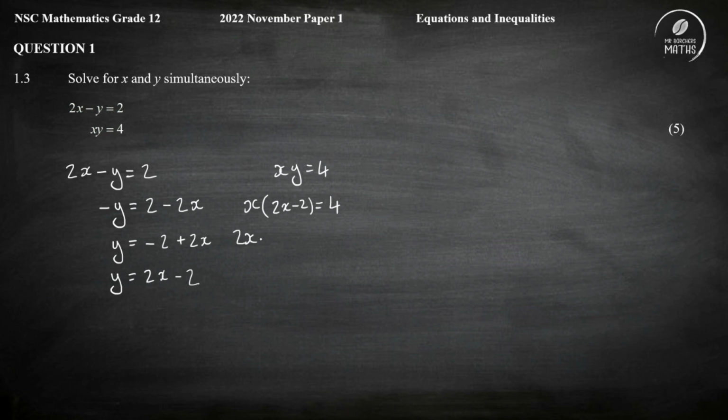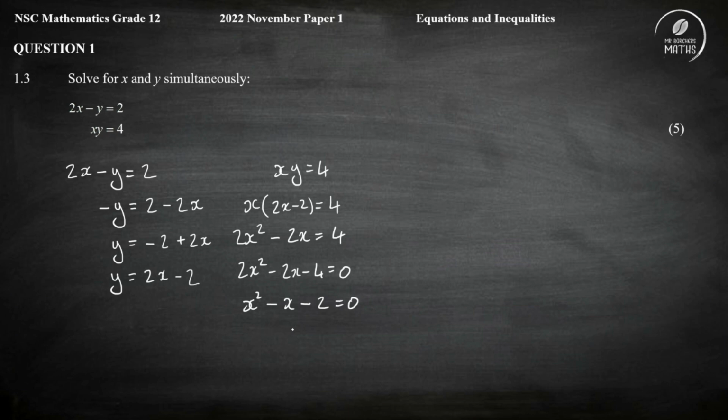Expanding out the brackets would produce 2x squared minus 2x is equal to 4. Putting it in standard form would be 2x squared minus 2x minus 4 is equal to 0. Dividing through by the common factor of 2 would leave us with x squared minus x minus 2 is equal to 0.